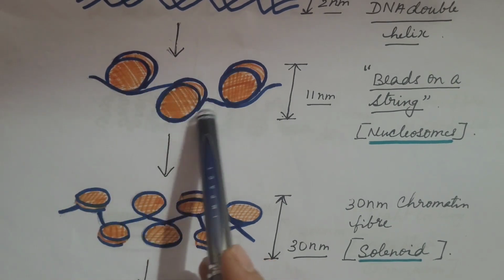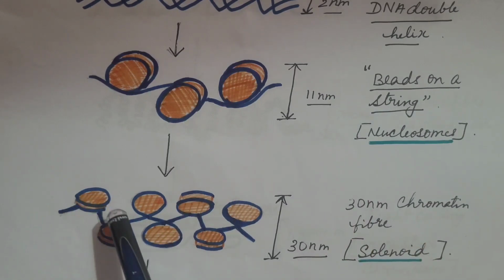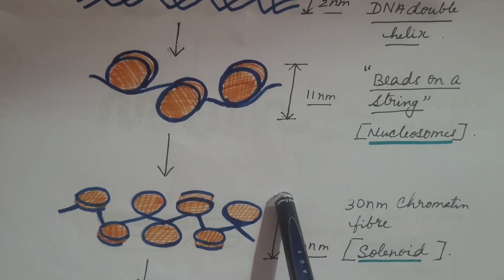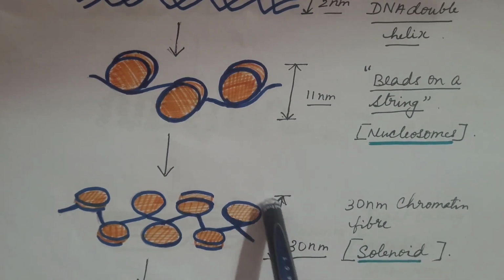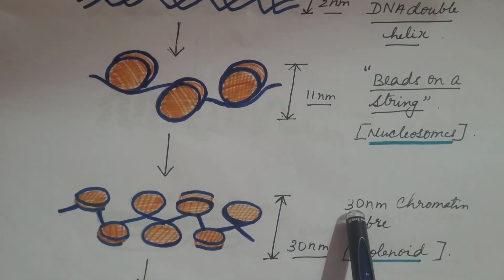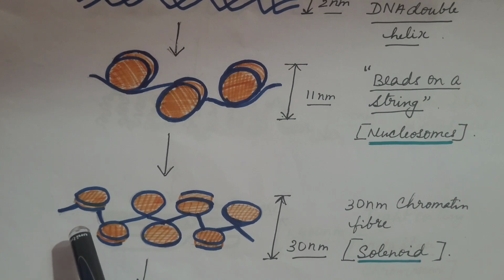Linear DNA along with nucleosomes, which is known as beads on a string, is coiled into a left-handed helix known as solenoid, and the diameter or width of this structure is 30 nanometer. This is known as 30 nanometer chromatin fiber. Each turn of the helix consists of 6 nucleosomes.